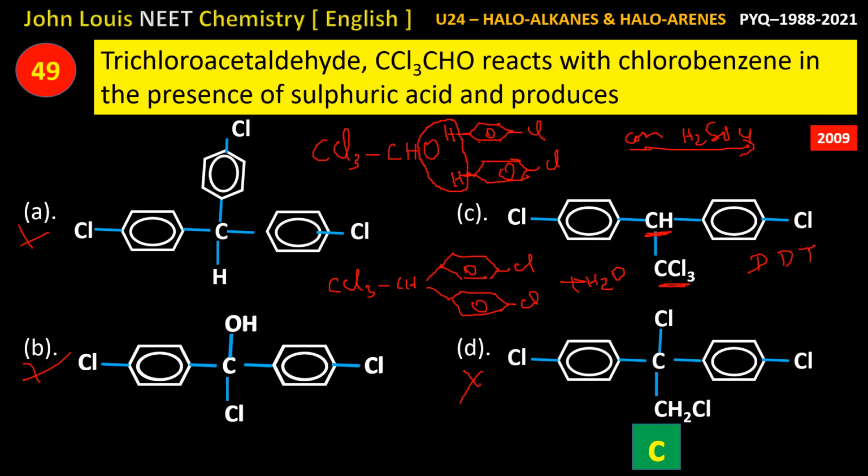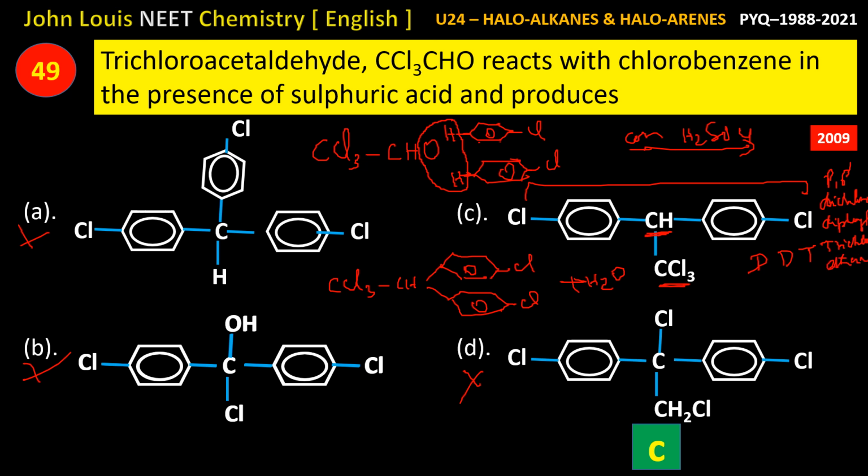Two chlorines are there, therefore dichloro. They are present in the para position, so it is known as para, para-dichloro. Two benzene rings are there, therefore diphenyl. Three chlorines are there, therefore trichloro, and the two carbons are bonded by a single bond, therefore ethane.